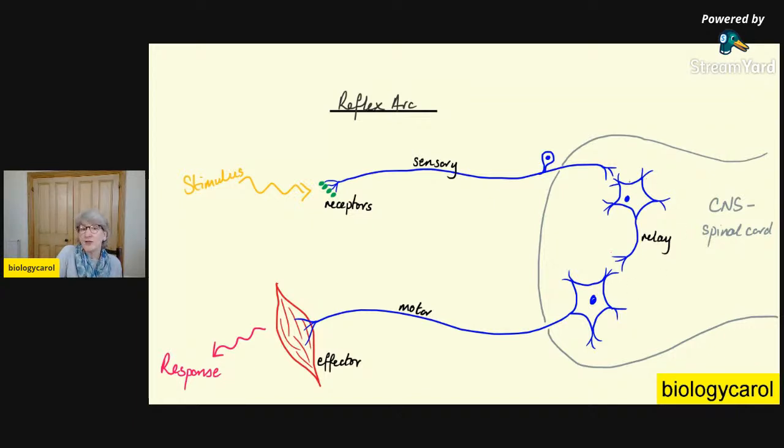The whole relay neuron is in the CNS, brain or spinal cord, in this case spinal cord, because it's a reflex arc. The cell body of the motor neuron is in the CNS, with that really long axon extending out to wherever the effector is.